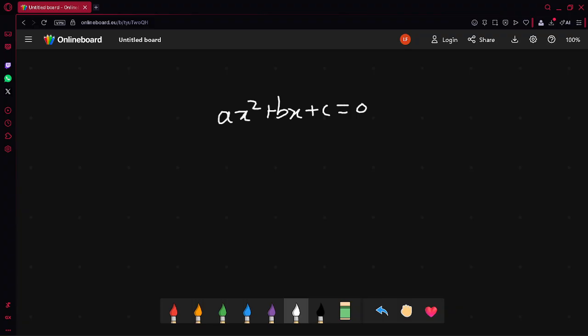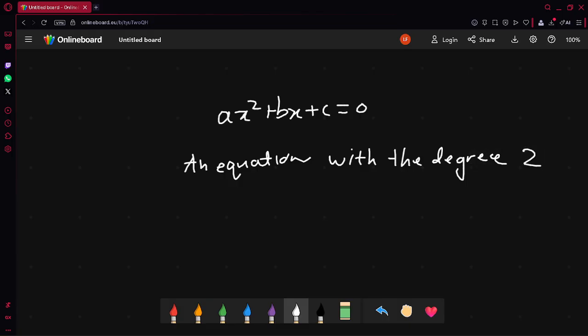So an equation with the degree 2 has at maximum 2 roots.